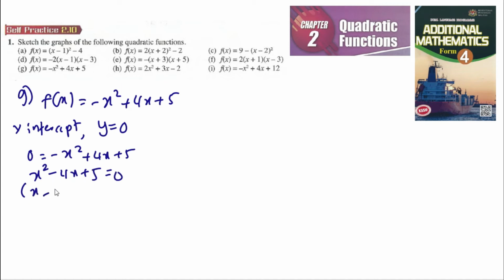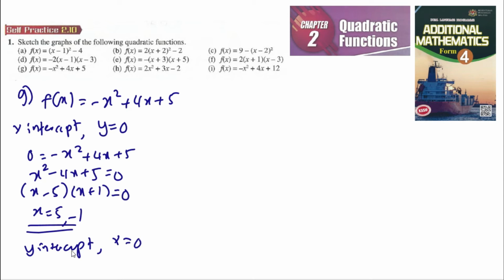So (x minus 5)(x plus 1) is equal to 0. x is equal to 5 and negative 1. So these are the x-intercepts. For the y-intercept, x is equal to 0. So f(0) is equal to negative 0 squared plus 4 times 0 plus 5, which is equal to 5.